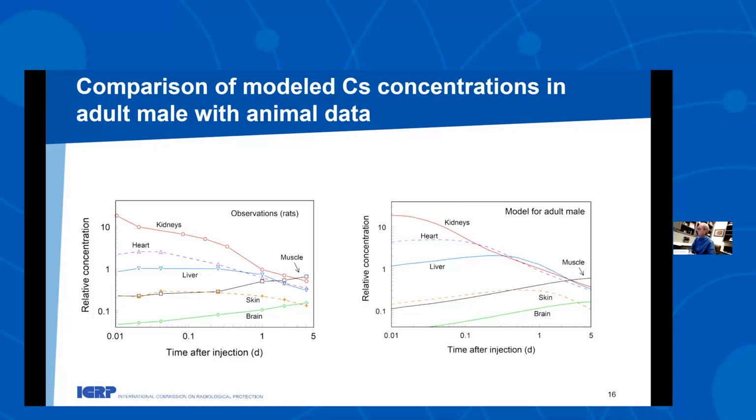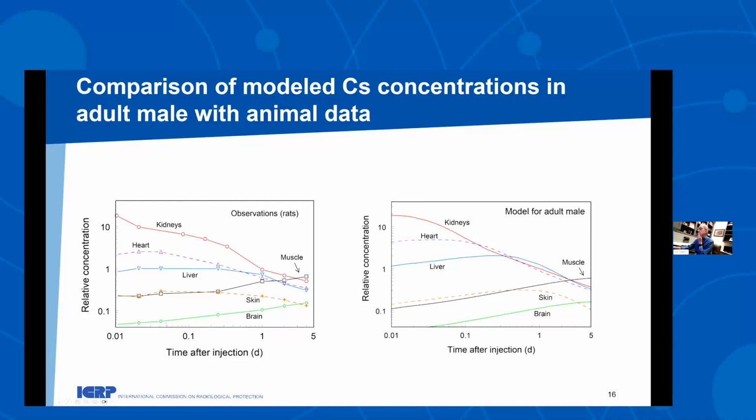and the model predictions for adult humans are shown over the same time period. So the kidneys have the highest concentration, followed by heart, then liver, then skin and muscle start out very much alike, but gradually muscle becomes the tissue with the highest concentration of cesium.